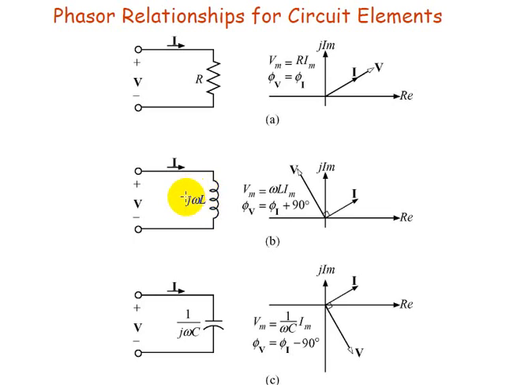That means jX_L is the impedance of inductor. Sorry, I don't have a pen in my software. No problem, just follow my lecture. For capacitor, we can write the impedance as minus jX_C, where X_C is 1 over omega C and minus j is actually 1 over j.